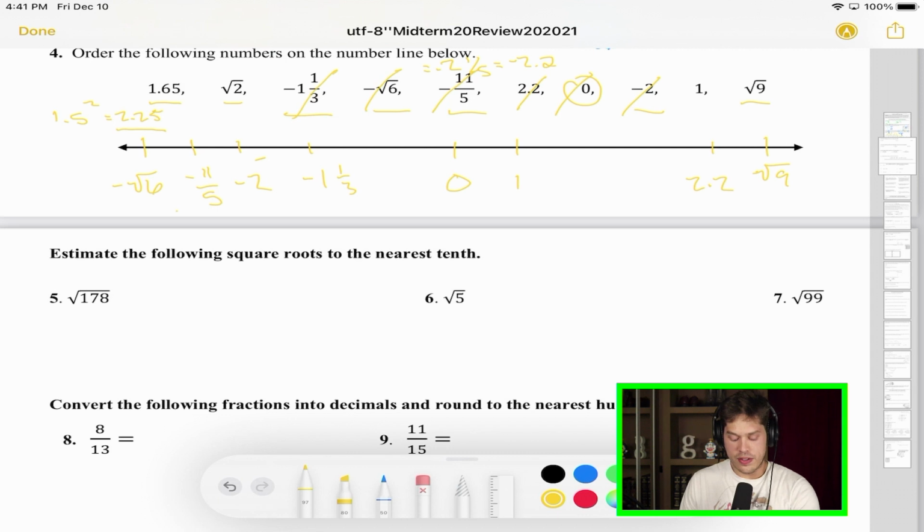So 1.65 is going to be greater than square root of 2. And square root of 2 is going to be about 1.4. And we know that because 1.4 squared is 1.96, which is really close to 2. All right, so there we had it. We just ordered all of these. I hope that was helpful.